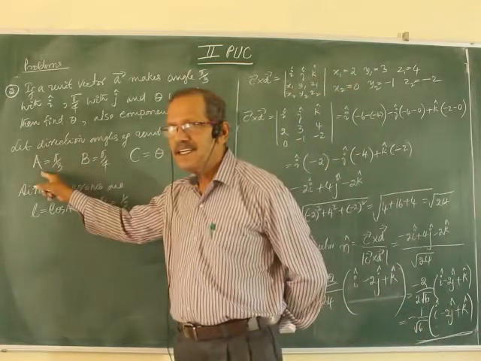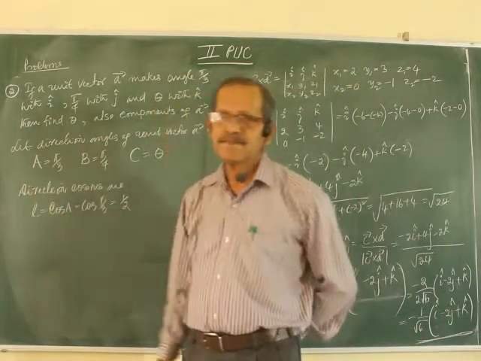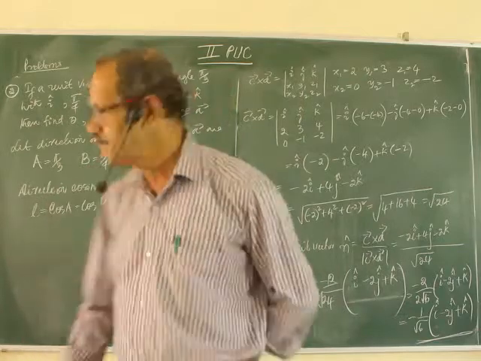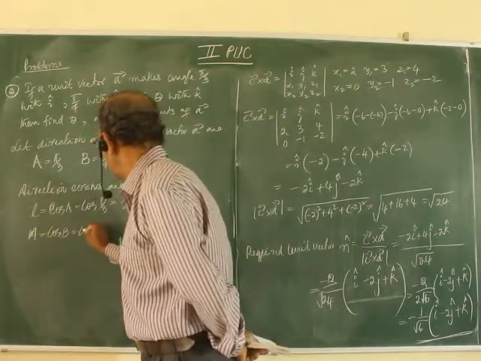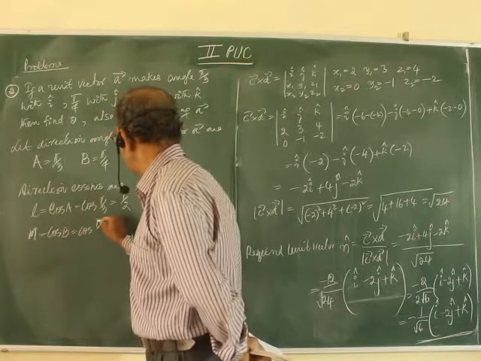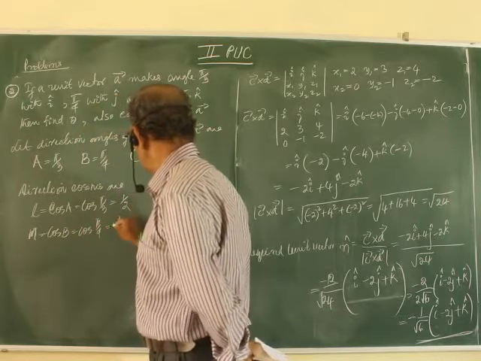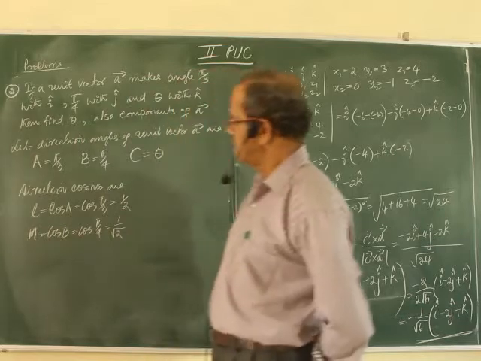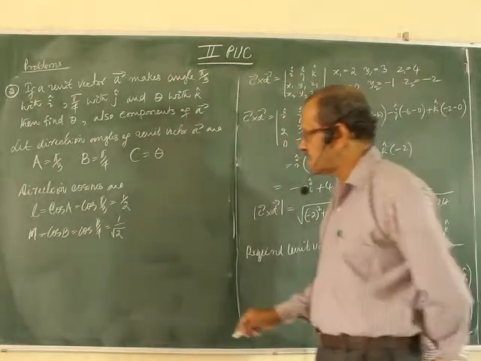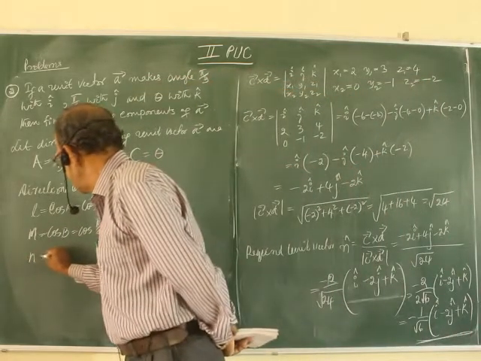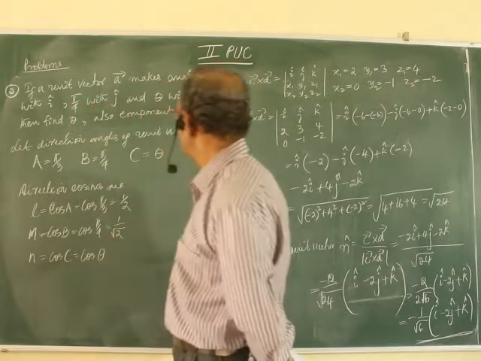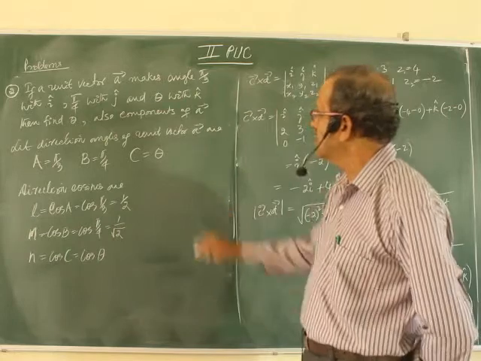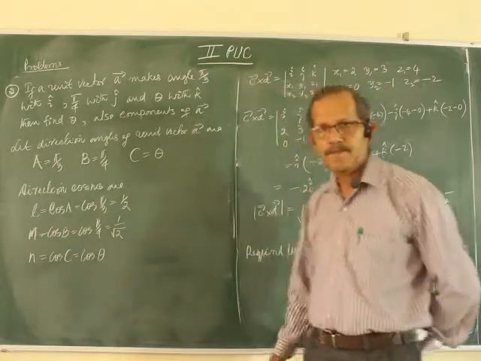Cos of the direction angle is called direction cosine. M equal to cos B equal to cos pi by 4, 1 by root 2. Last one is N equal to cos C equal to cos theta, not given. The question is to find cos theta.